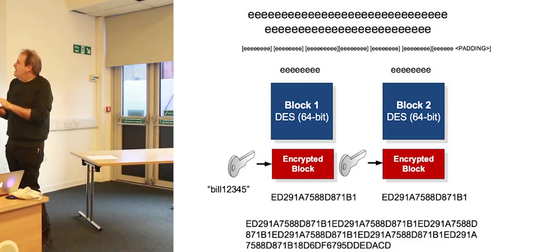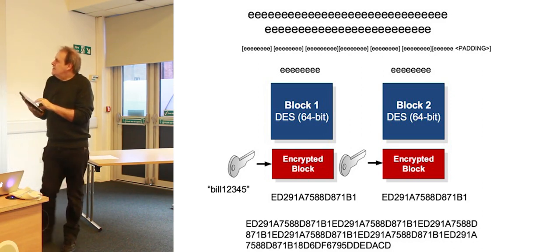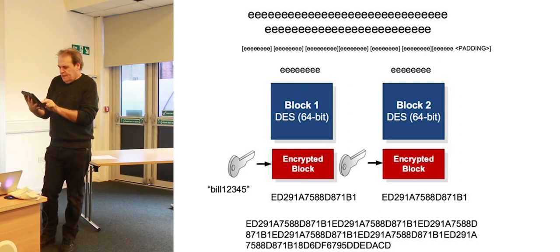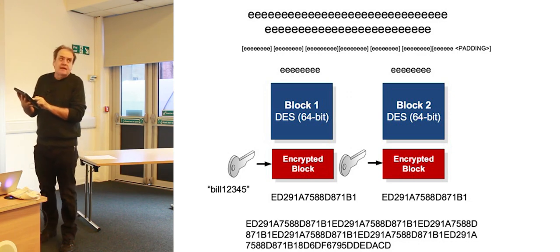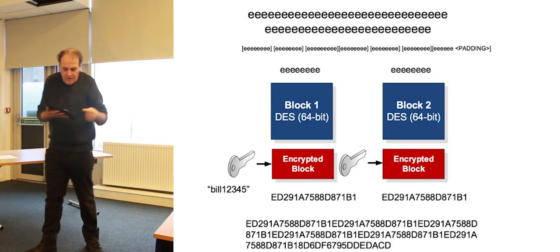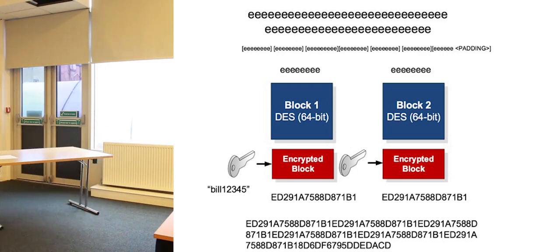Then each one has the same output. You can see here from the cipher stream that we repeat here, and we repeat again here. In this way, we can actually see the same output appearing.